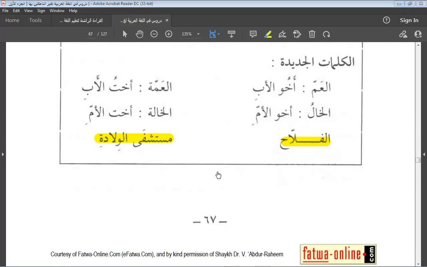The maternity home also is an option, but they brought this word. Let me see if I can get it up. Obstetrics hospital. Yeah, like this, for the Mustashfa al-Wilada.